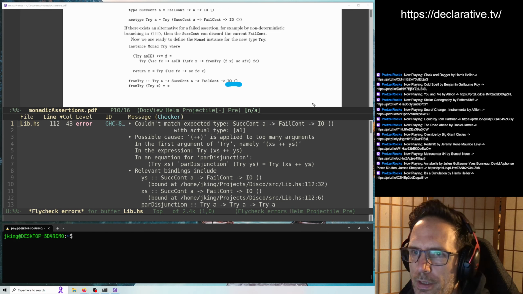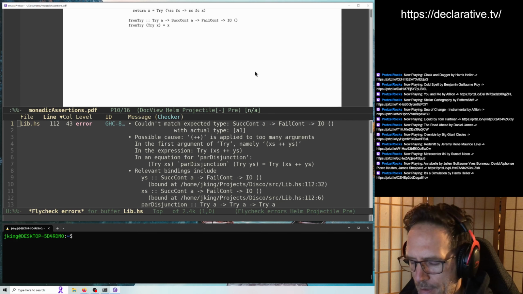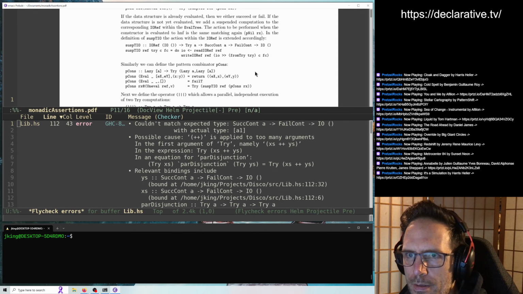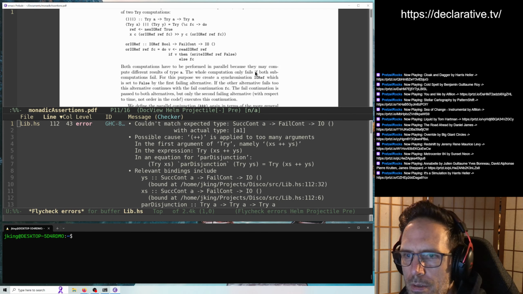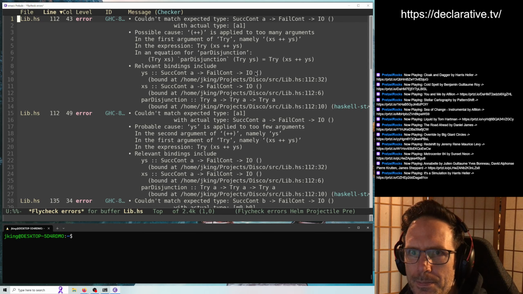It's hard-coded into from try, which is hard-coded into its monad instance. Yeah, so I don't know if those pattern combinator thingies can even be written. Doesn't look like it.